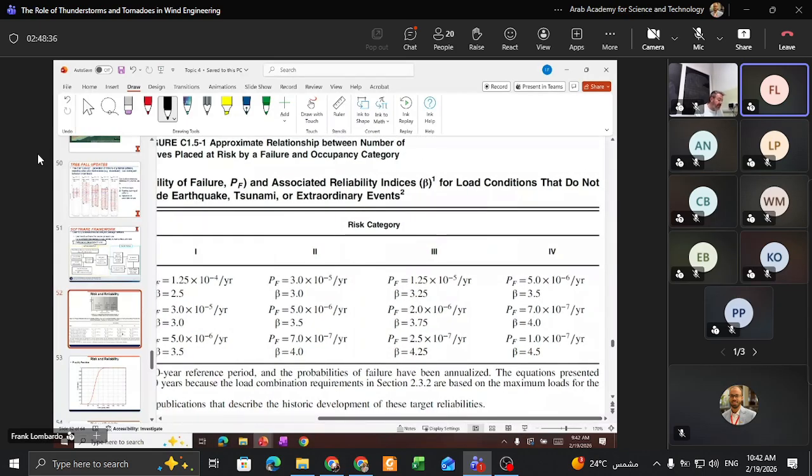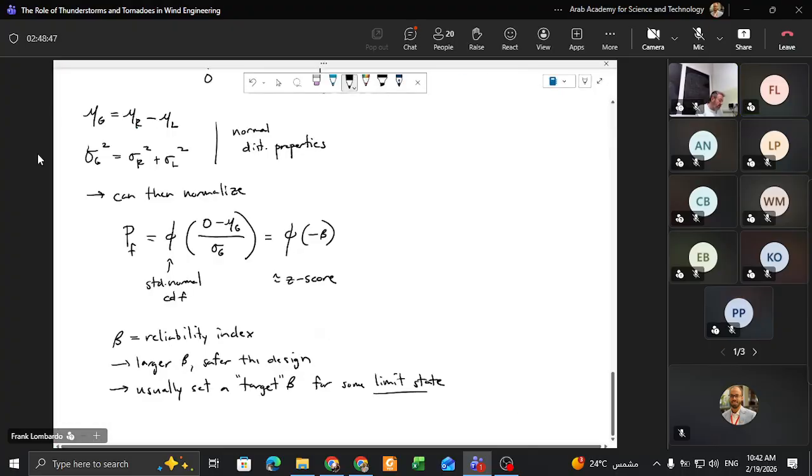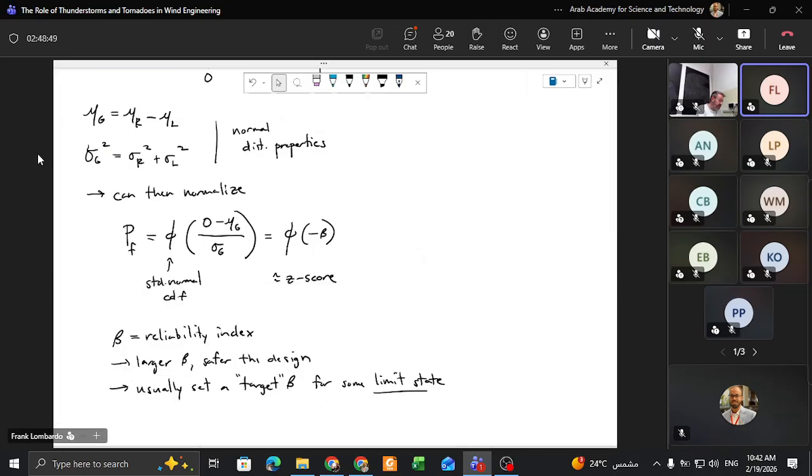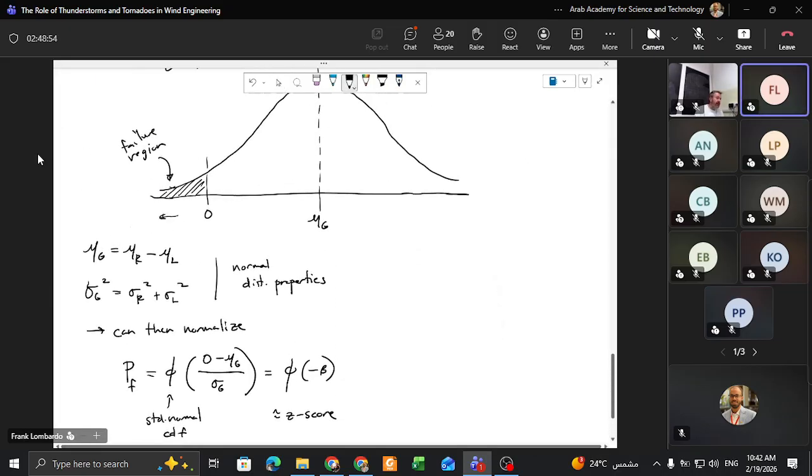You can see that as the risk category goes up, the beta value also goes up, which is essentially equivalent to pushing this 0 value further and further to the left. So if 0 was out here, and this was the probability of failure, that beta value is going to be higher.